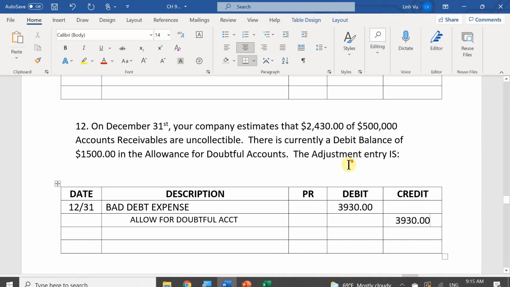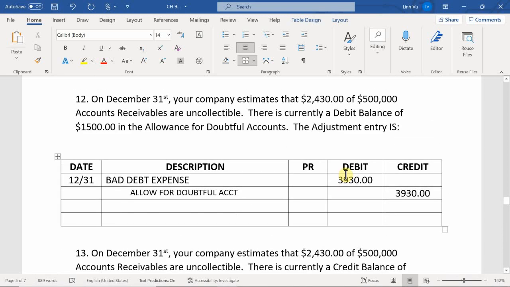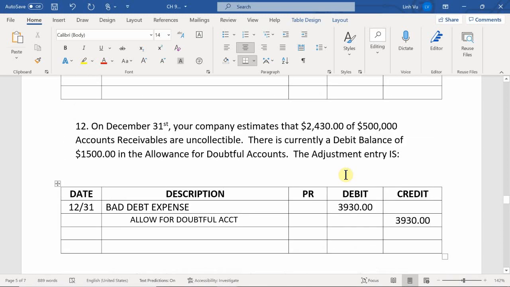All right, good. Teacher, I have a question on this 12. The estimate, is it always a debit balance? No. The number that your company estimates here is always going to be a credit balance, because it's the allowance for doubtful accounts.